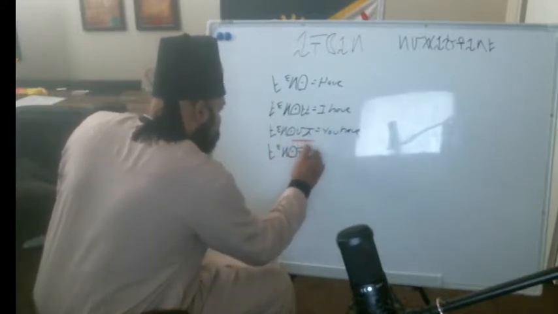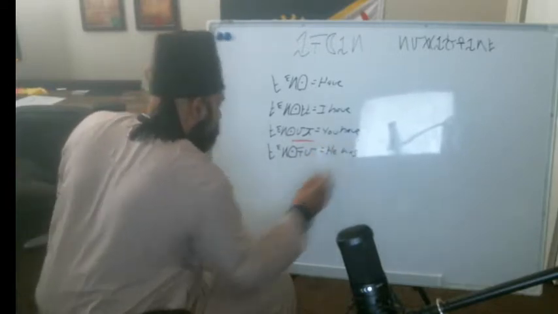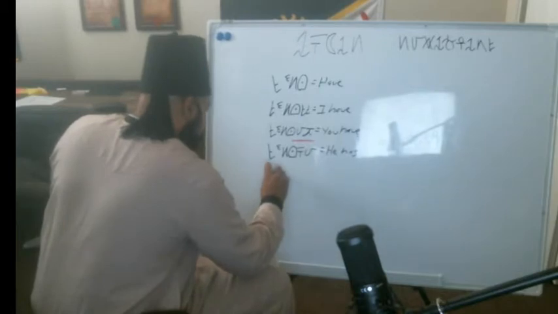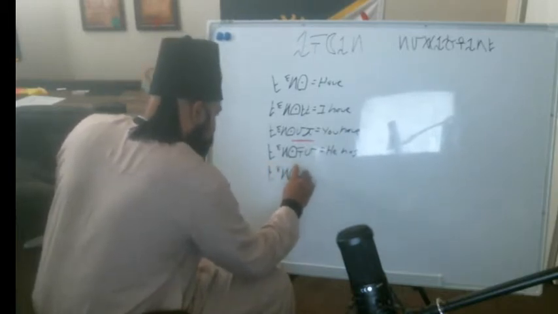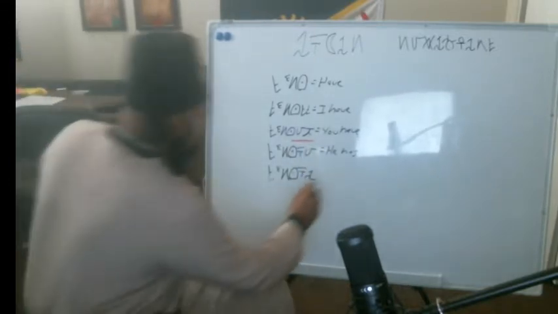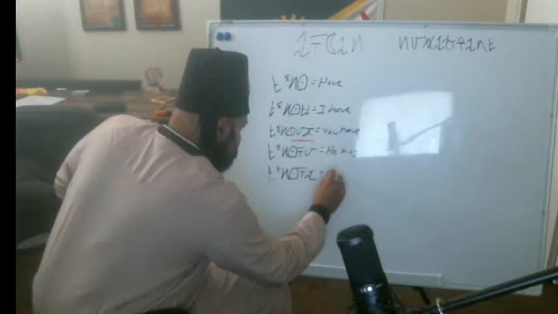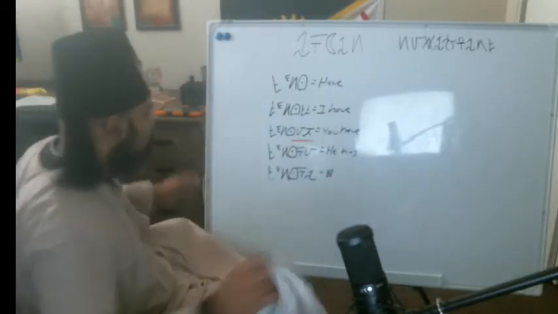Etnin who, that would mean he has, if we're going to say it in English. And then etnin ha, right? That would mean she has.